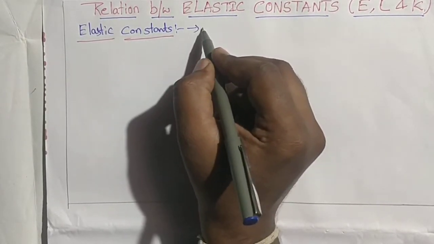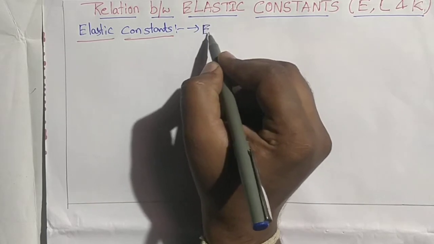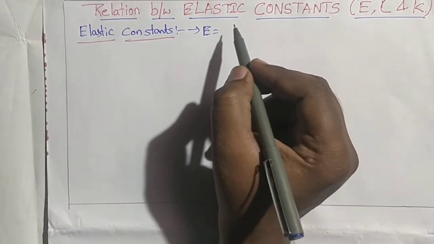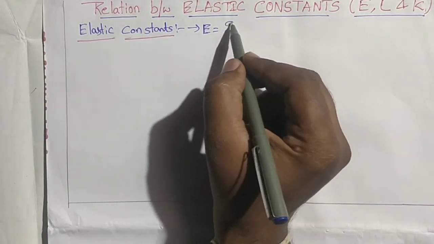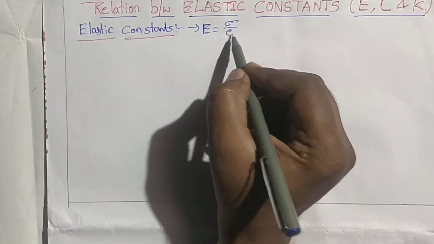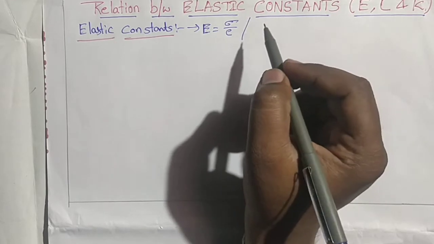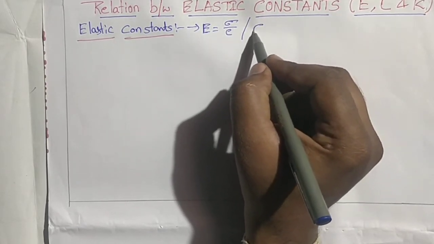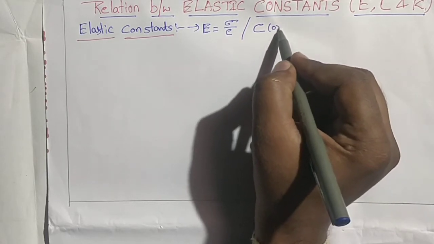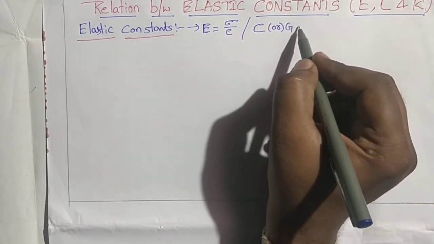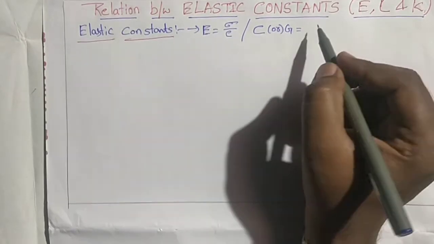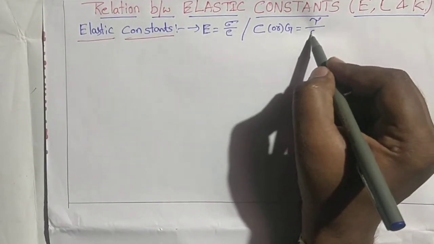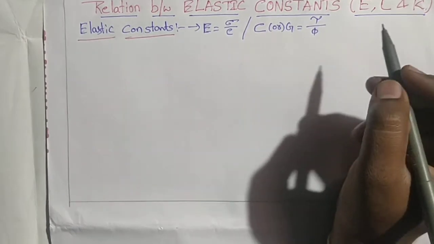Coming first to Young's modulus: it is the ratio of normal stress to normal strain. Coming to modulus of rigidity, it is denoted by C or G, and it equals shear stress by shear strain or shear angle.